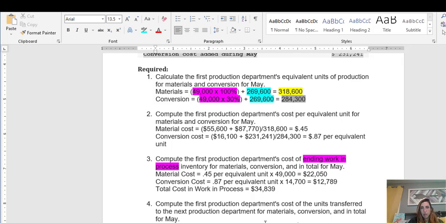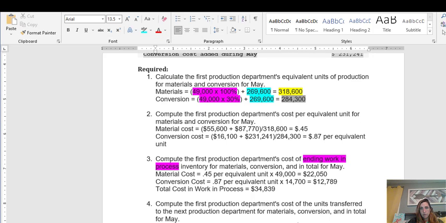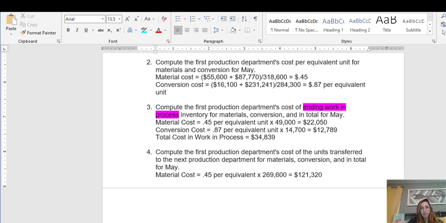This will be the material cost sitting in the finished goods account, 121,320. And then I'm going to do that for conversion. It will equal 87 cents per equivalent unit times 269,600 units. And then I'm going to add these two cost figures together.